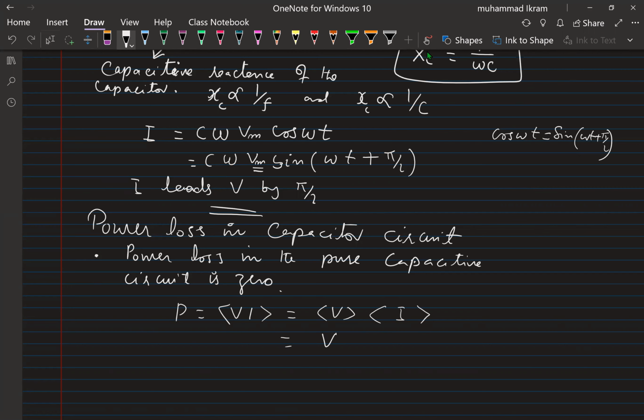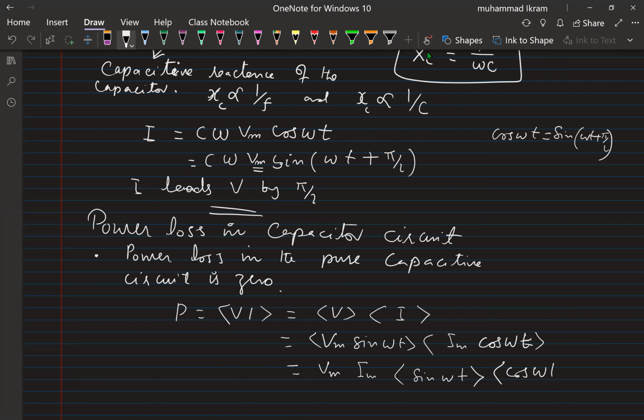This will be Vm sine omega t, and this will be Im into cos omega t, because they are out of phase.